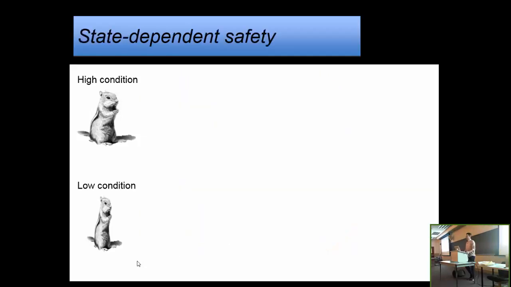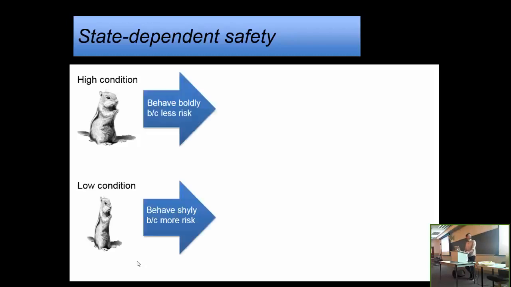Now, state-dependent safety proposes that individuals in good condition can better handle risk, whether that's evading a predator or something along those lines, predicting that the individuals in high condition are going to behave more boldly because they can deal with that risk, whereas the low condition individual behaves more shyly.